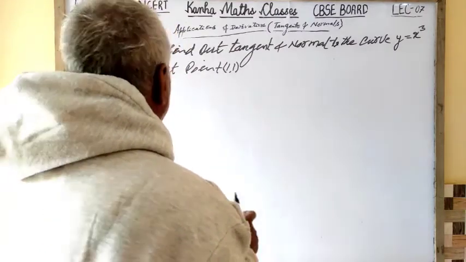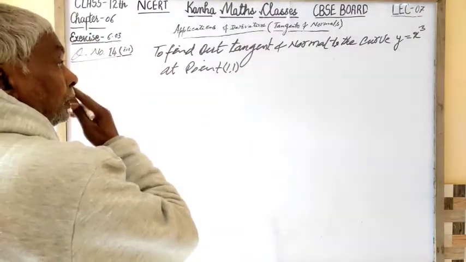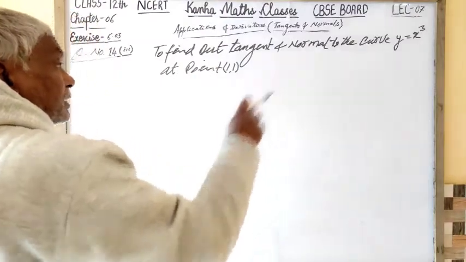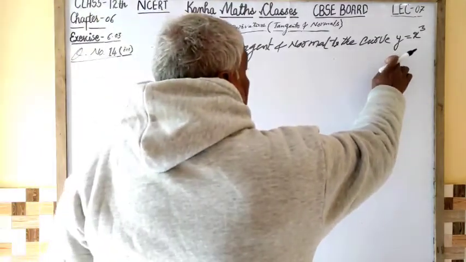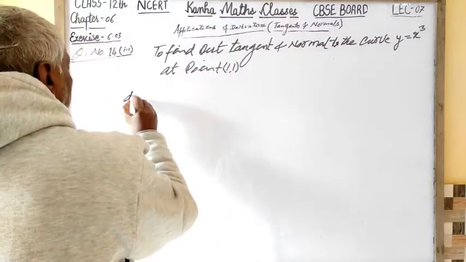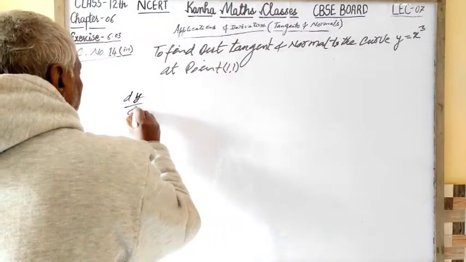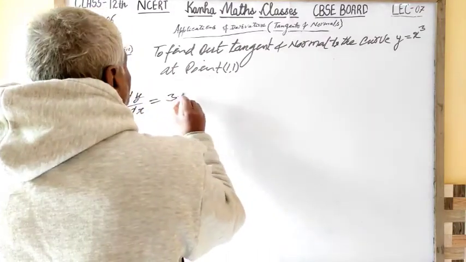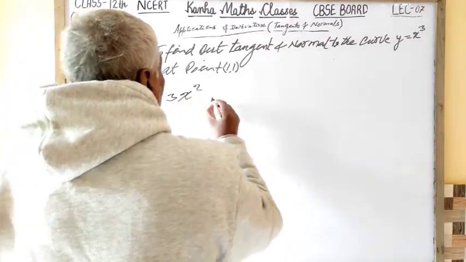We have to find the equation of normal and the equation of tangent. In order to find the slope of the tangent and normal, we must differentiate the equation of the curve with respect to x, that is dy by dx is equal to 3x square.